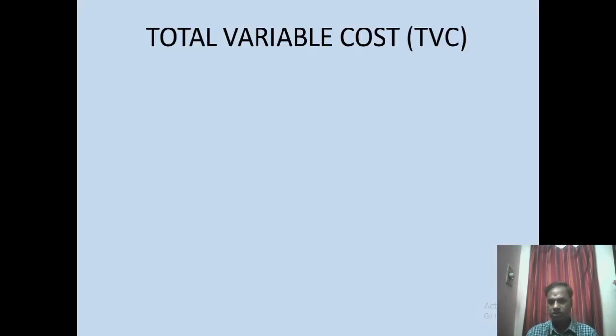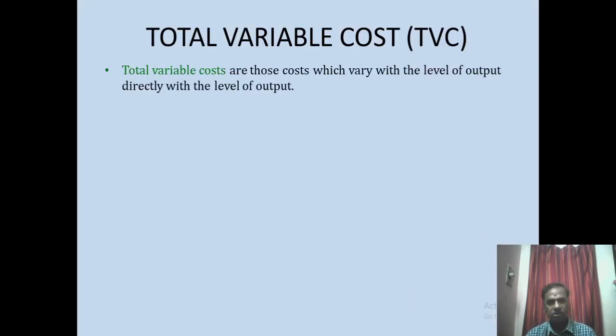The next one is total variable costs. Total variable costs change with the level of output. If you increase the level of output, these costs will increase. If you are not starting any output, these costs will be zero. At the zero level of output, these costs will be zero.